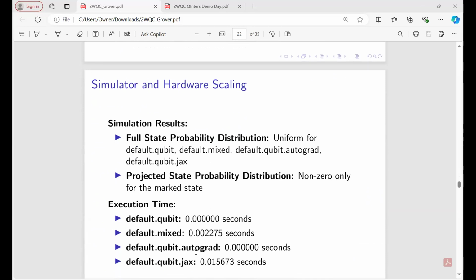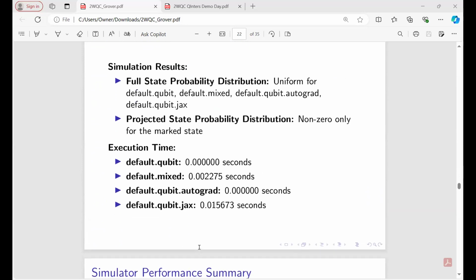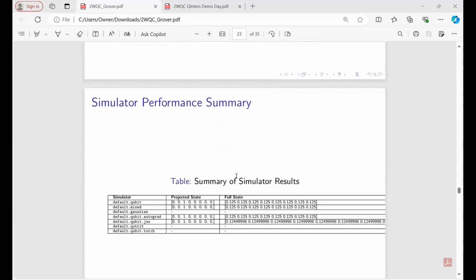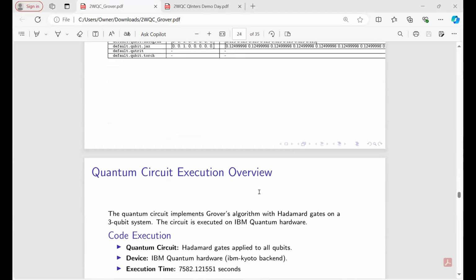Default mixed and qubit jax had a few seconds tacked on to it. And here's just a summary of the simulator results. They all came out pretty much the same with the post-selection, and everything was around 1/8 of the 8 states that we tested on.